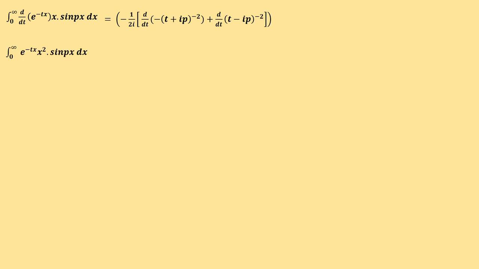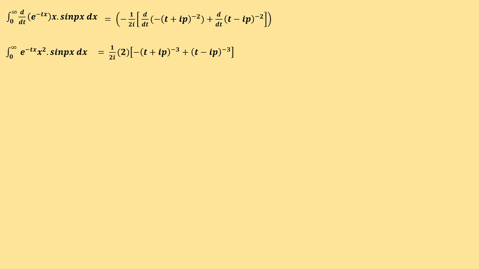So again, e power minus tx derivative is minus e power minus tx into x, right? So x into x is x square, right? So you are having minus, get cancel. So integral e power minus tx x square sin px dx is equal to 1 by 2i, right?